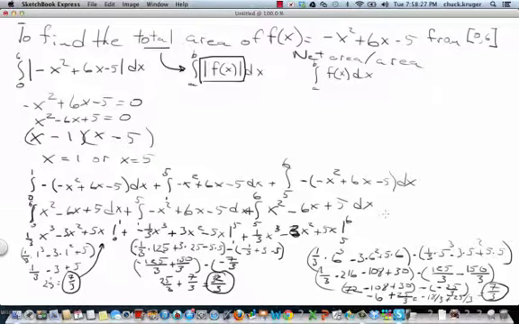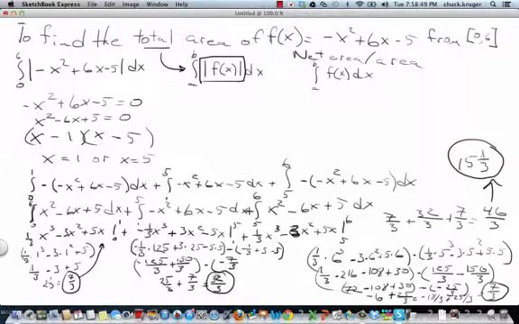So now I have 7/3 plus 32/3 plus 7/3, which gives me 46/3, which is 15 1/3, and that's the total area underneath that curve.